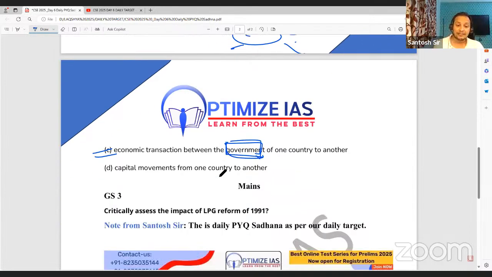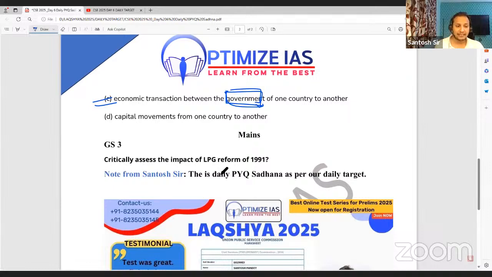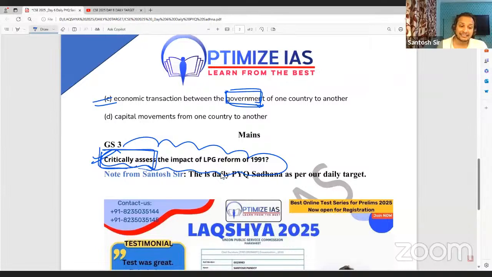As far as the mains question is concerned, we had one mains question: critically assess the impact of LPG reforms of 1991. Here the term is critically assess. What is critically assess? It means you have to give both the positive side of the economic reforms and the negative sides.